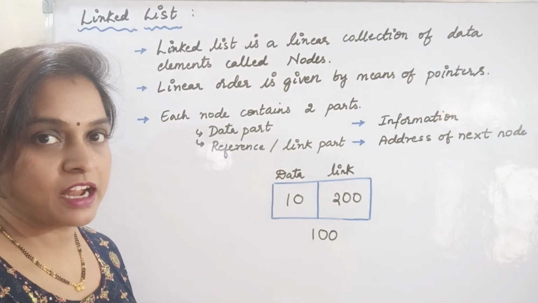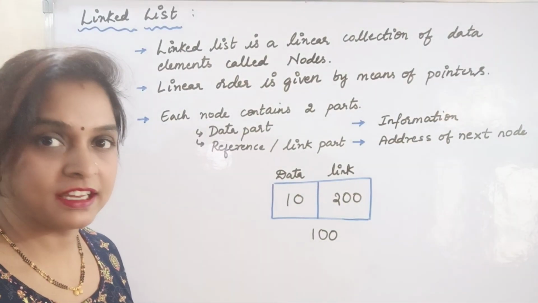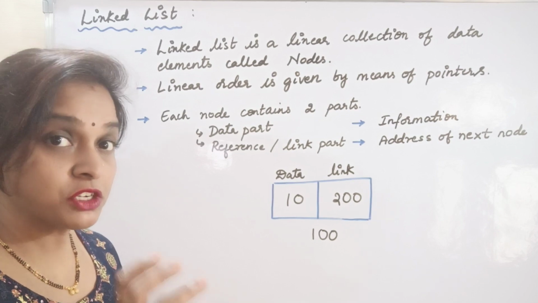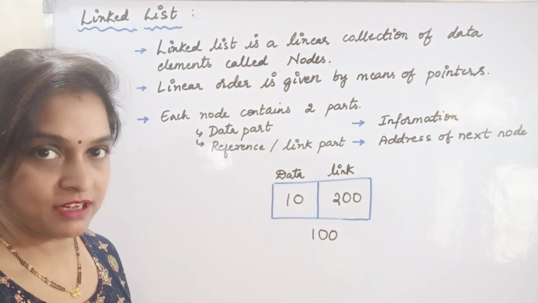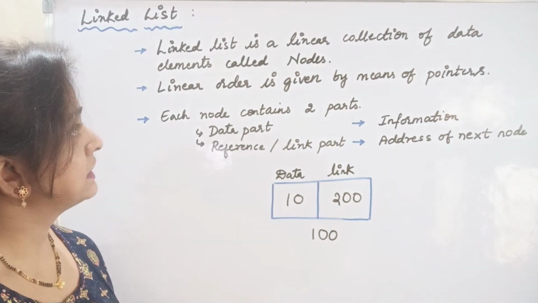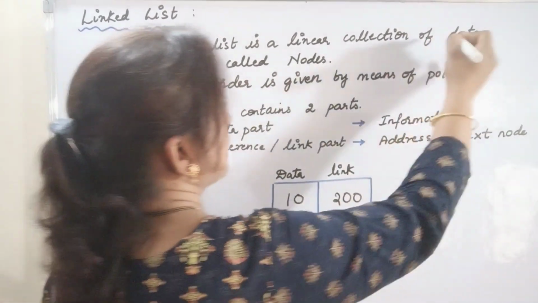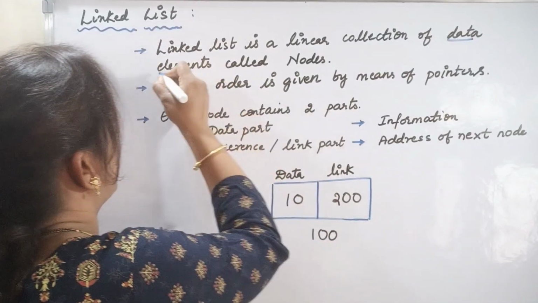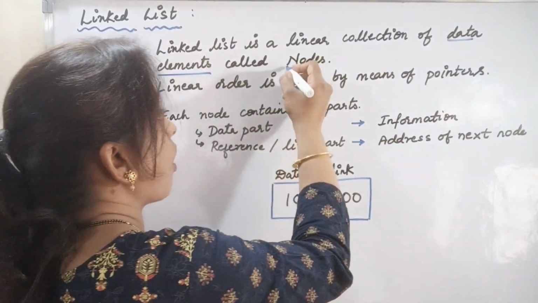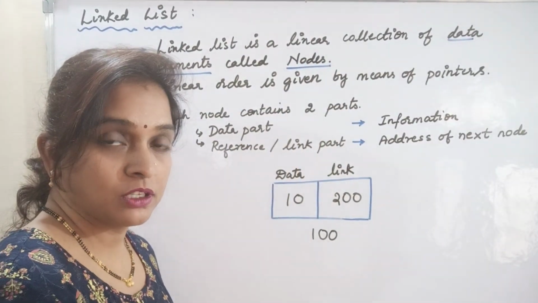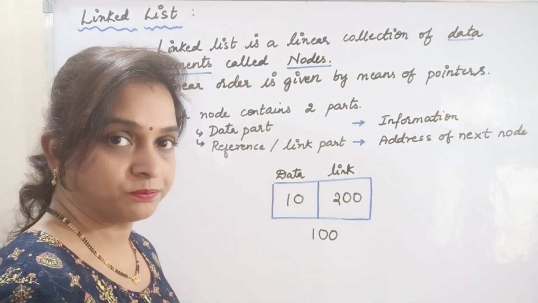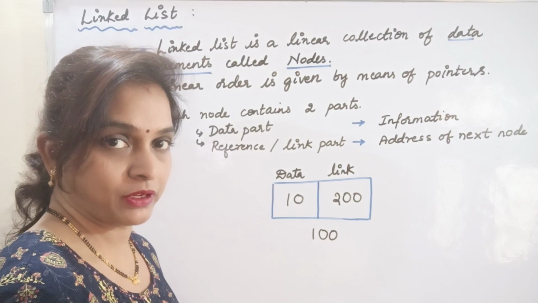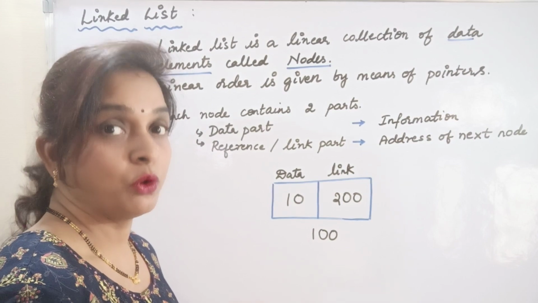So let us understand the actual definition of a linked list. We have understood why we require a linked list in the previous video. Now we will see the actual definition. So what is a linked list? A linked list is a linear collection of data elements called nodes. We use a special word, a special object we can call it, which is a node.